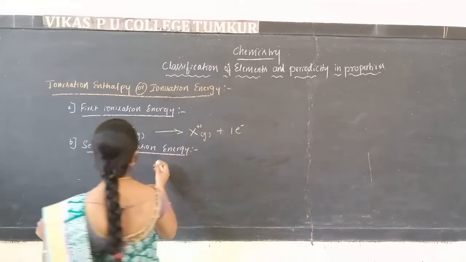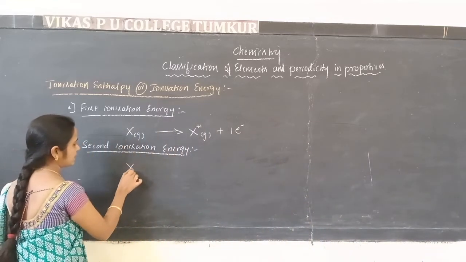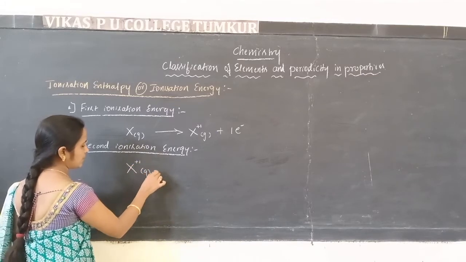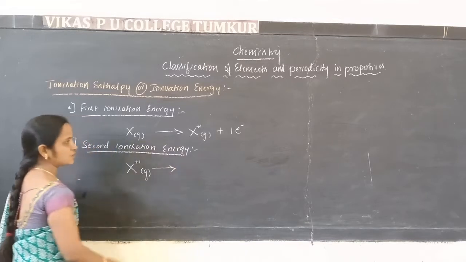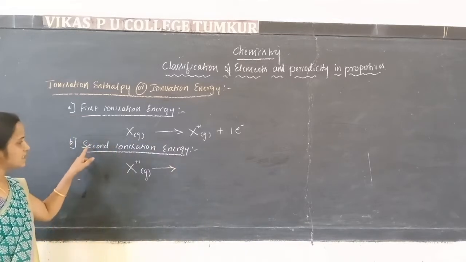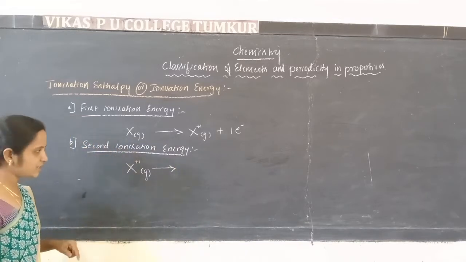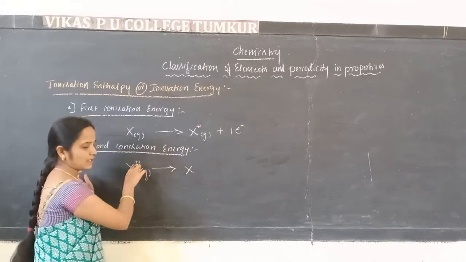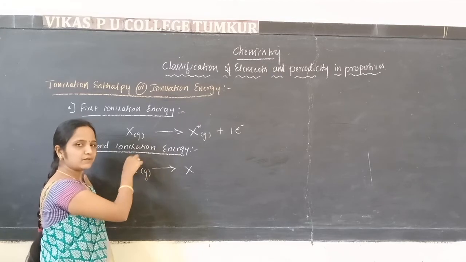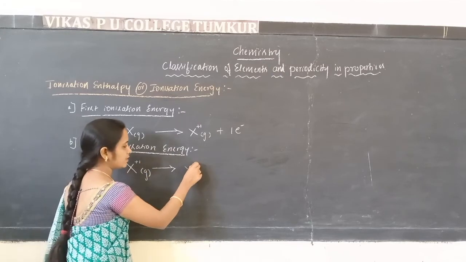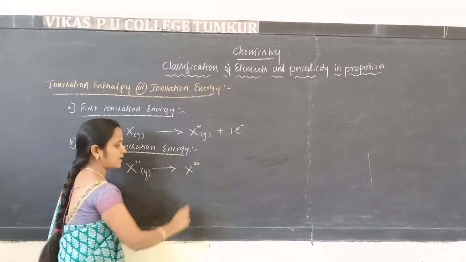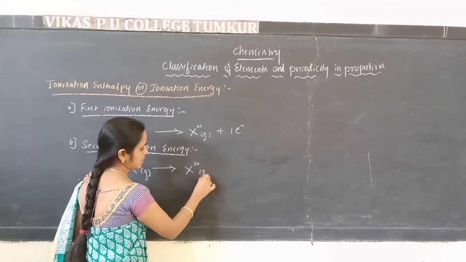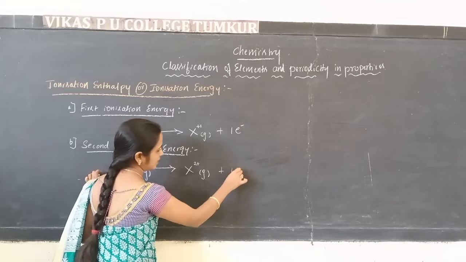Means, the energy required to remove an electron from the unipositive ion, we call the second ionization energy. One electron has already gone; if we remove another electron, it forms the dipositive ion.